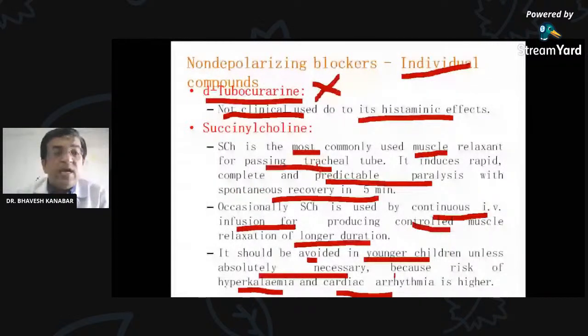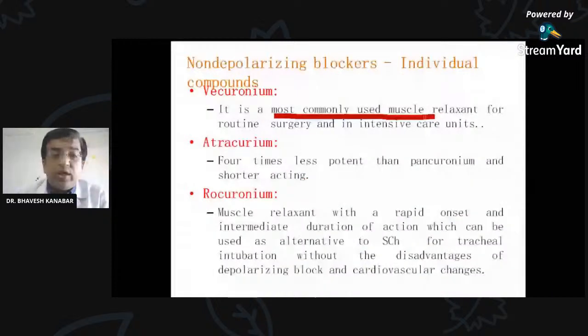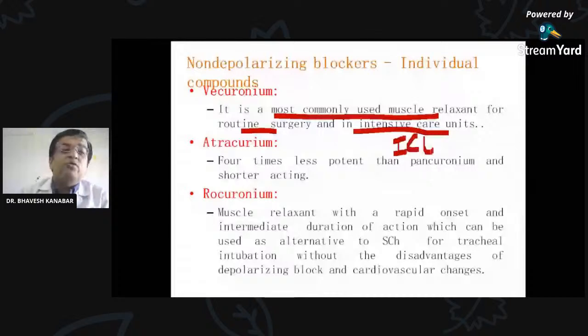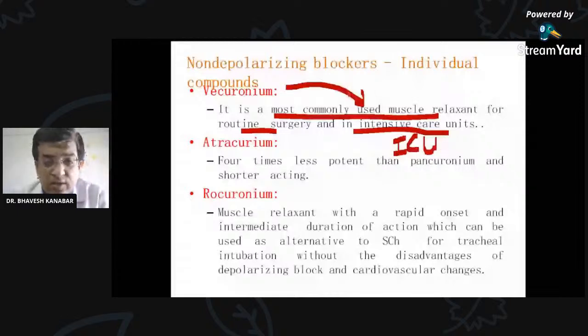Then vecuronium, the most commonly used skeletal muscle relaxant for routine surgery and in the intensive care unit, ICU. You may have heard the word ICU frequently nowadays in the case of corona. So vecuronium is used in ICU and in routine surgery.